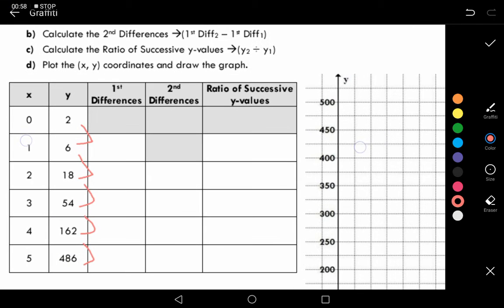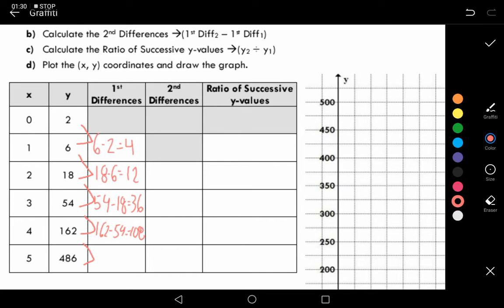So the first one would be 6 minus 2 is 4. 18 minus 6 is 12. 54 minus 18 is 36. 162 minus 54 is 108.